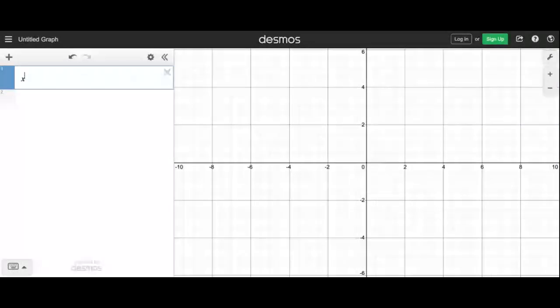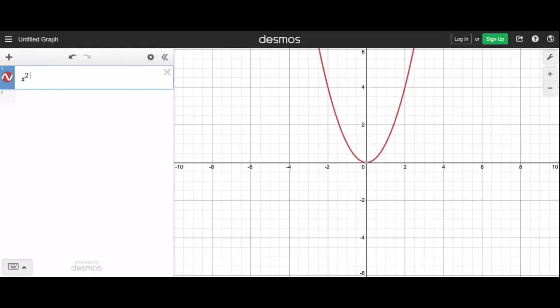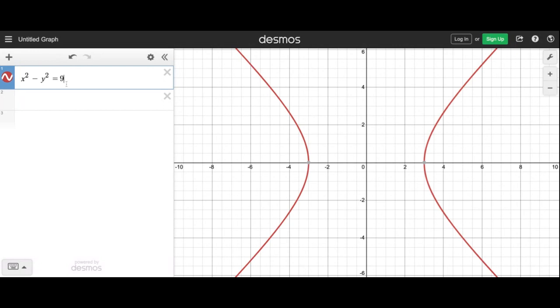So x squared minus y squared equals 9. Let me see if it graphs for you. Okay, great. Let's find a couple points.